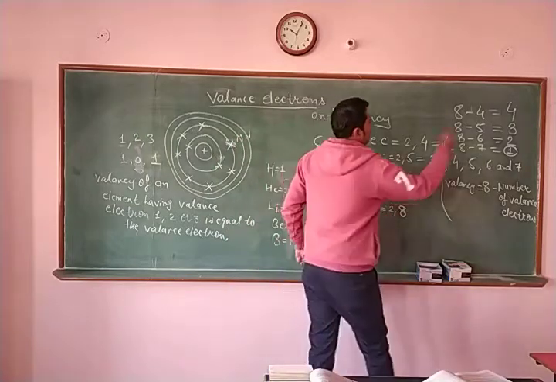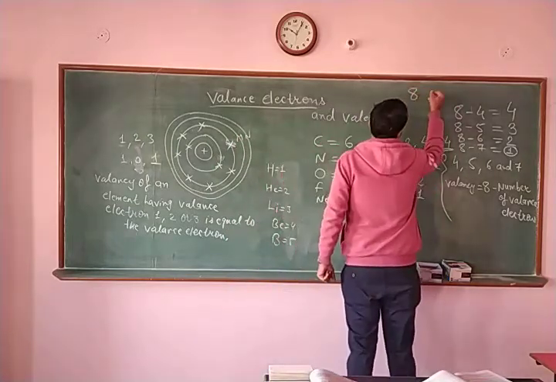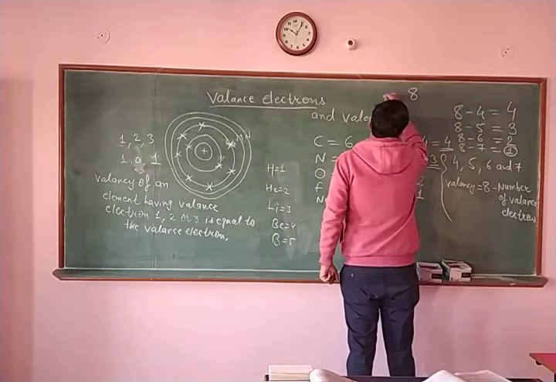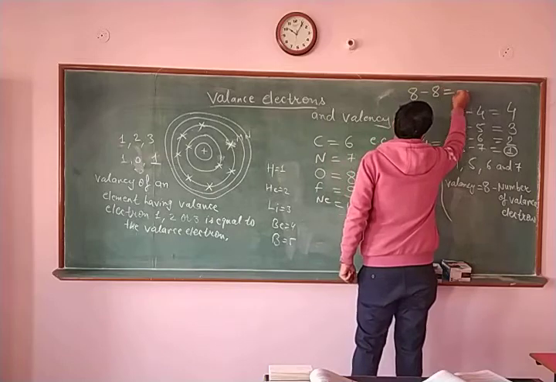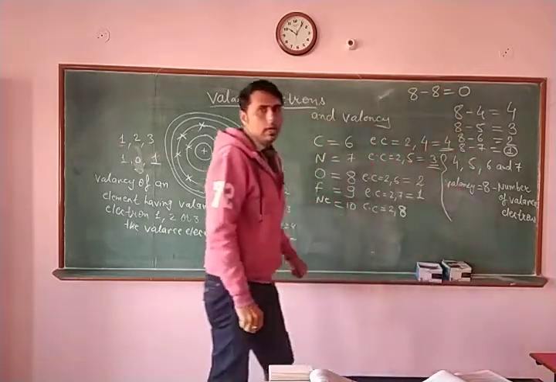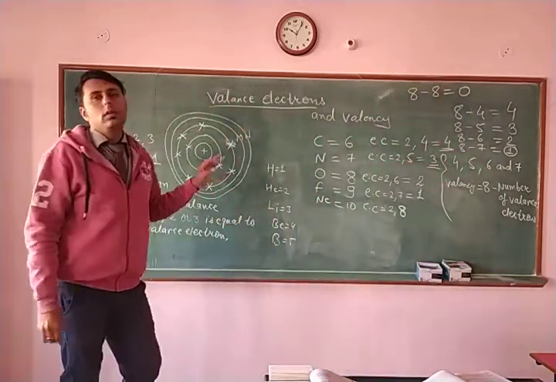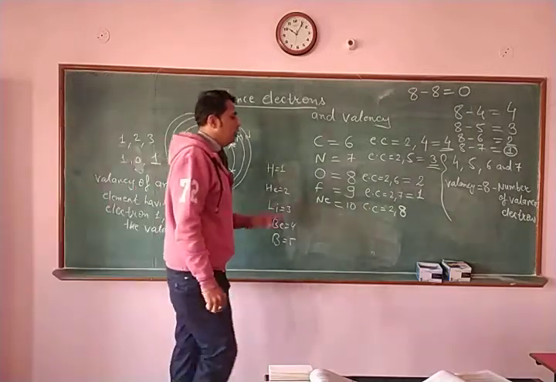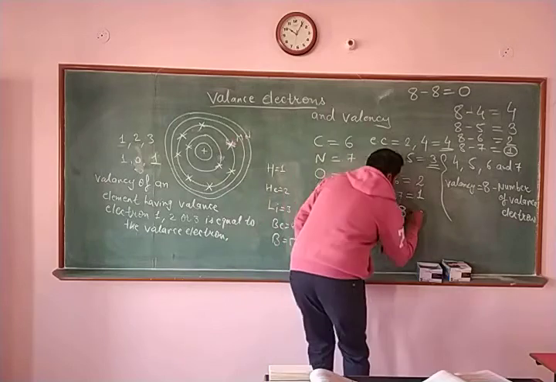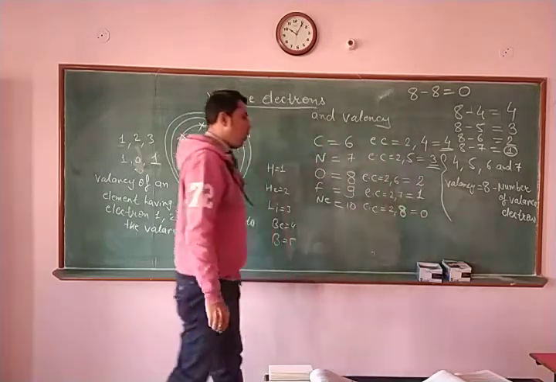So 8 minus 8 will be 0. So the valency of neon will be 0.